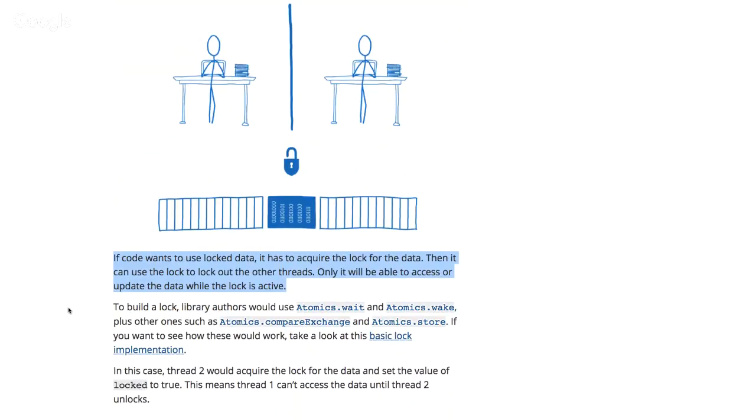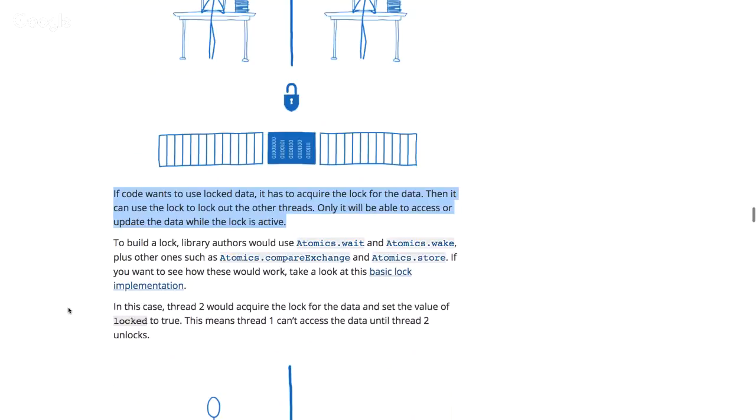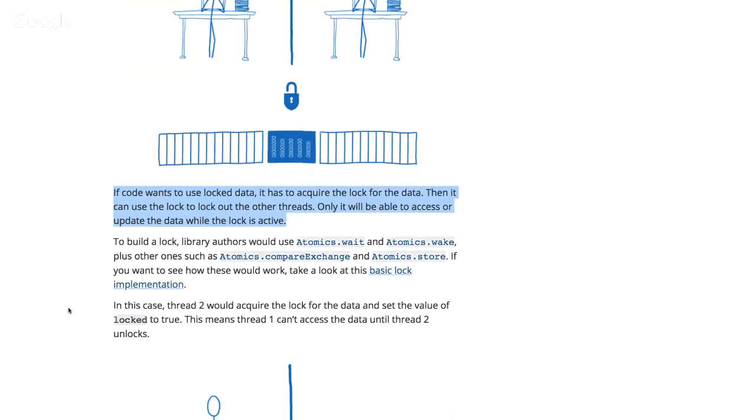developing those. If code wants to use locked data, it has to acquire the lock for the data. Then it can use the lock to lock out the other threads. Only it will be able to access or update the data while the lock is active.